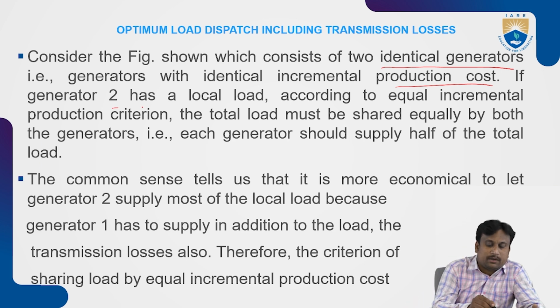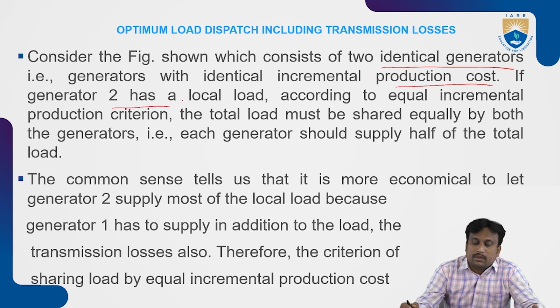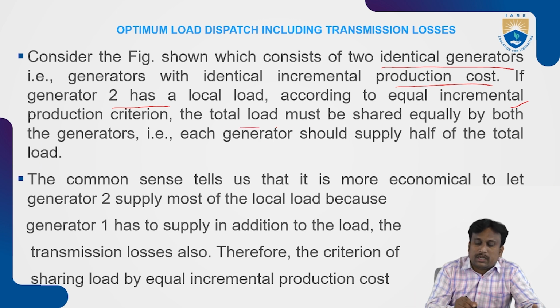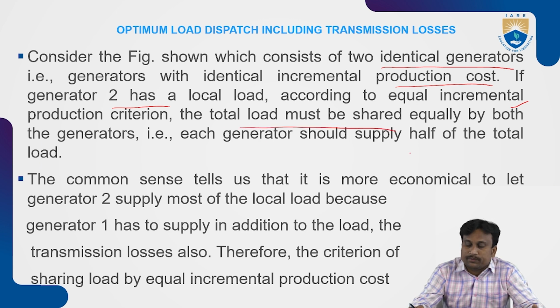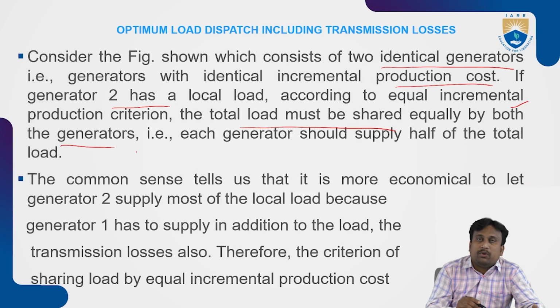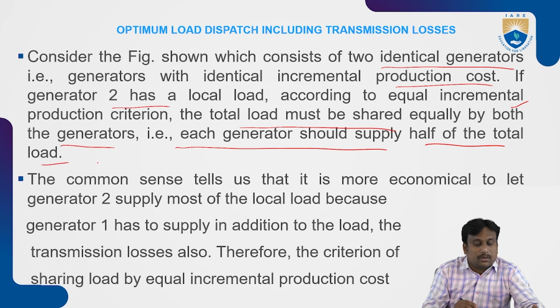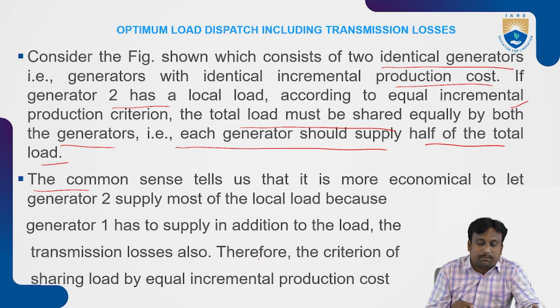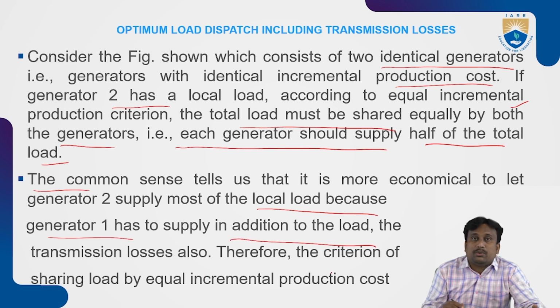If generator 2 has a local load, according to the equal incremental production criterion, the total load must be shared equally by both generators. That is, each generator should supply half of the total load. Common sense tells us that it is more economical to let generator 2 supply most of the local load, because generator 1 has to supply in addition to the load case.